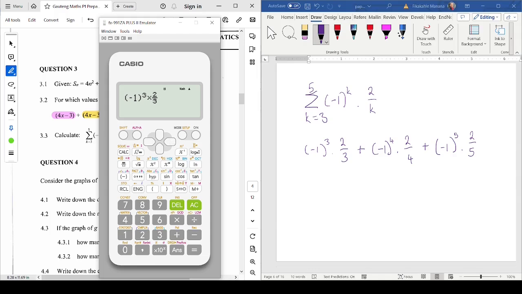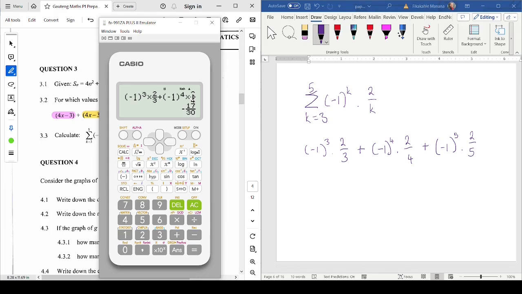Go to the side, put a plus there, and start again: (-1) to the power 4 times 2 over 4, plus (-1) to the power 5 times 2 over 5.